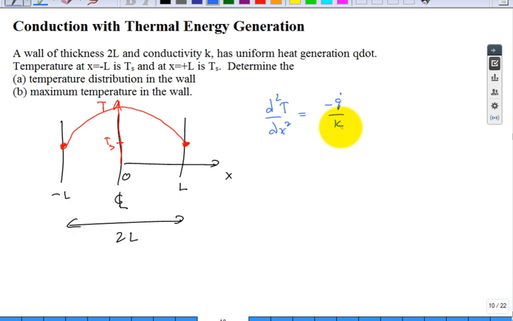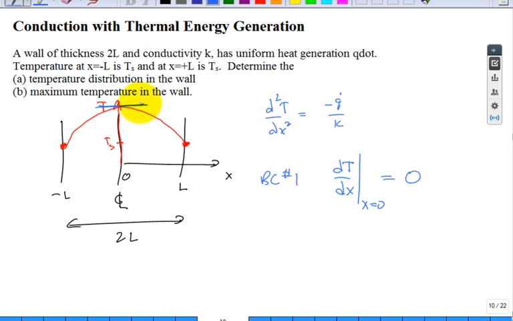Separate, integrate, two constants, supply your boundary conditions. Because it is symmetric, somebody could say, I'm going to use boundary condition number 1 to be the rate of change of temperature with respect to X at X equal to 0 is 0. It's got to have a slope of 0 at X equal to 0.